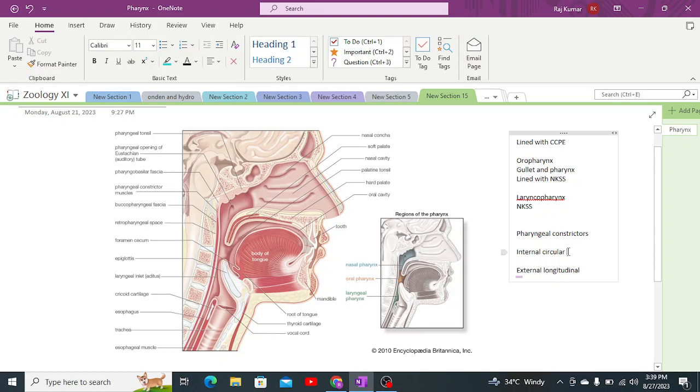First, let us discuss internal circular constrictors. These are the constrictors which include three types of muscles: inferior, middle, and superior.